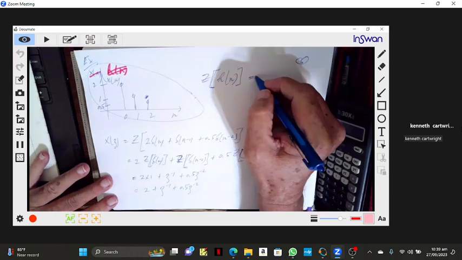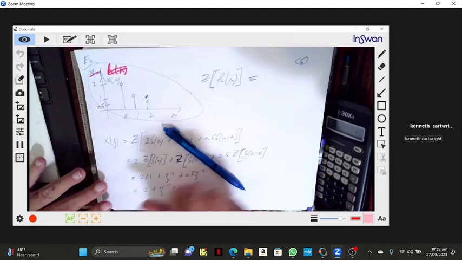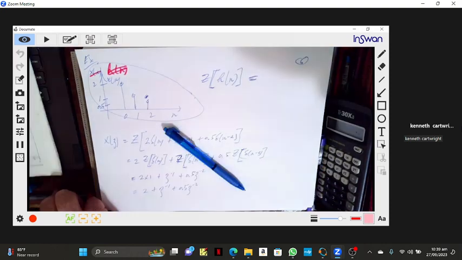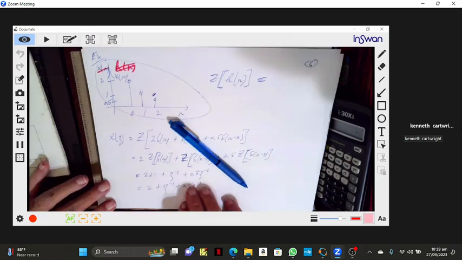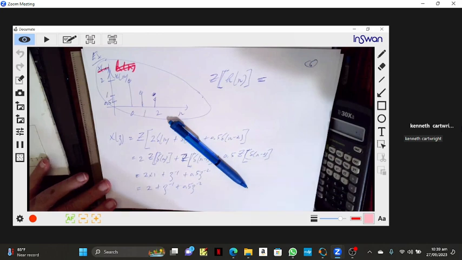From 320, what's that called? The Z transform of the impulse response is called a transfer function.